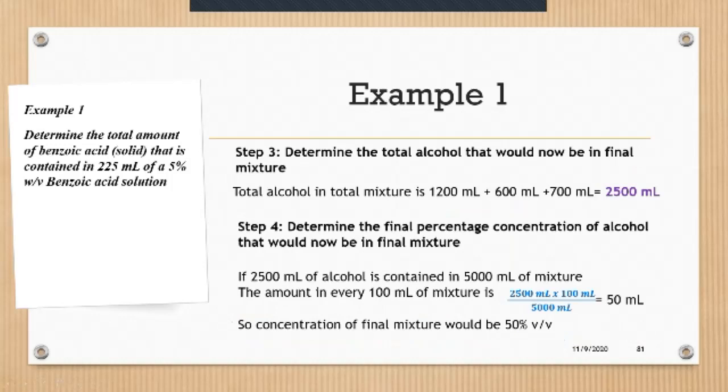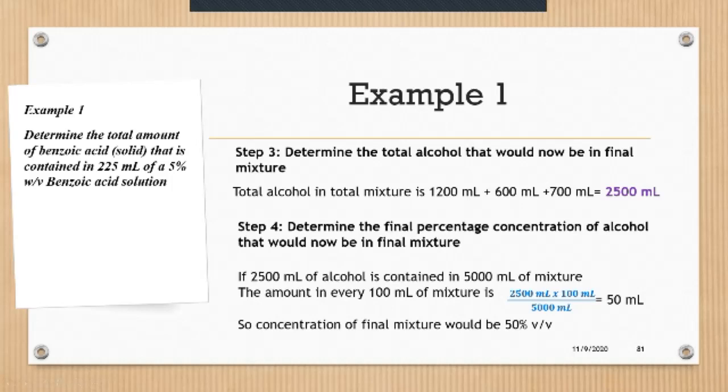So we now need to determine what the percentage concentration of the alcohol would be. If 2,500 mil of alcohol is contained in 5,000 mils of mixture, then every 100 mil, which is percentage strength, would contain 50 mils, which is 50% volume in volume.